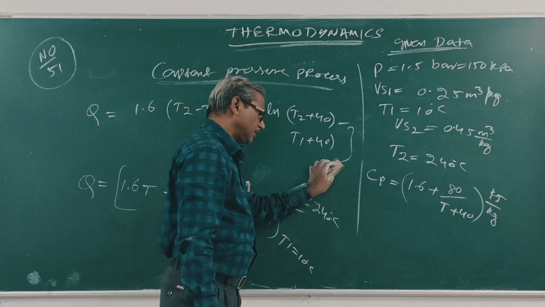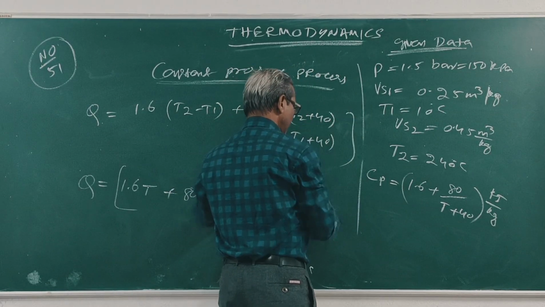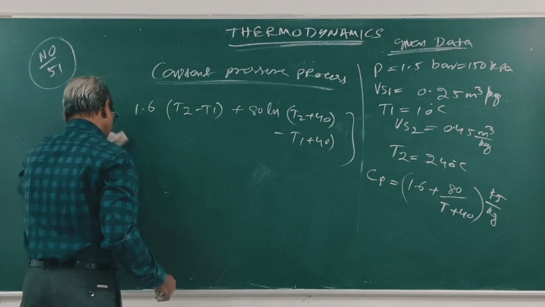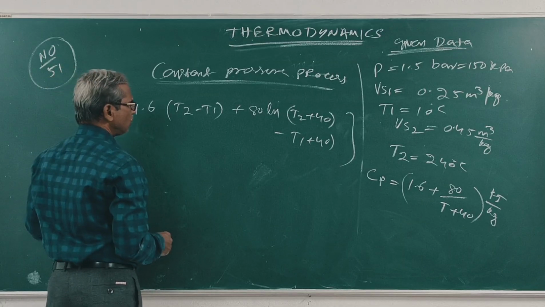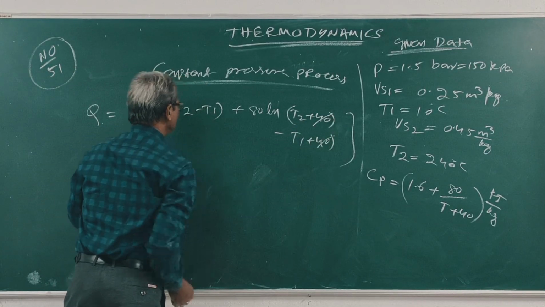Clear? This is Q. So put in the values. 40 cancels out.